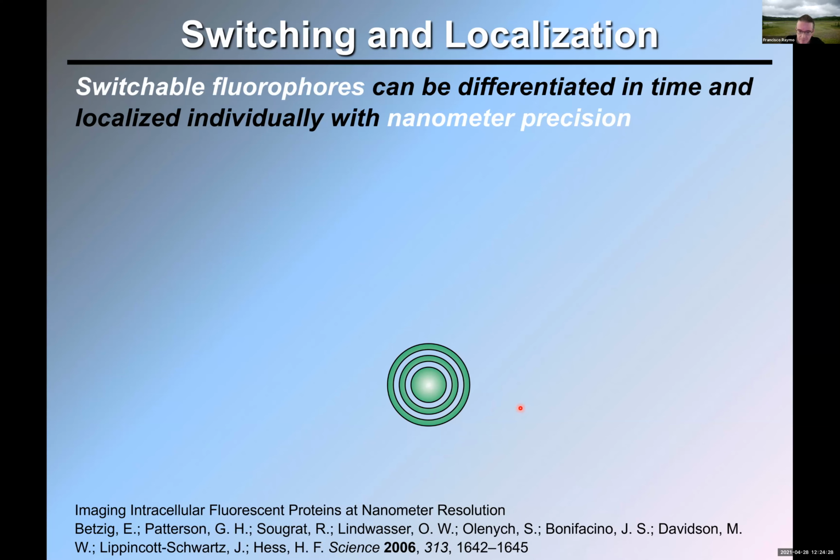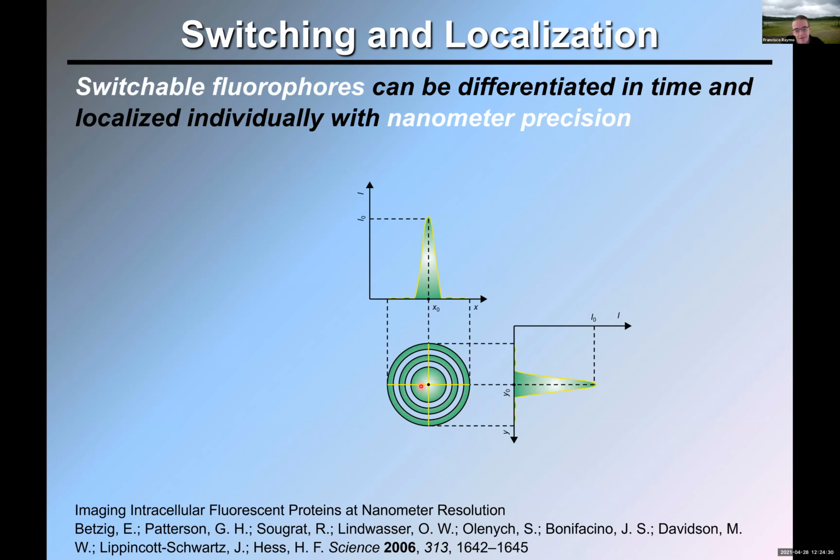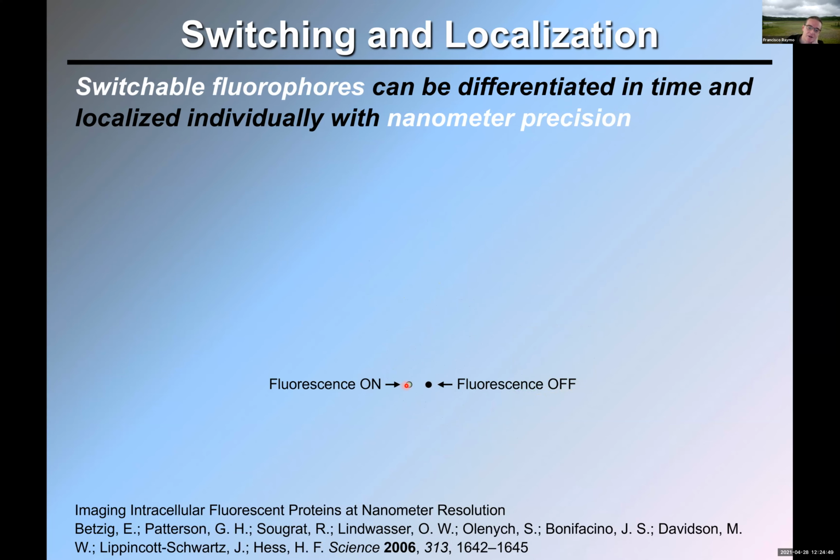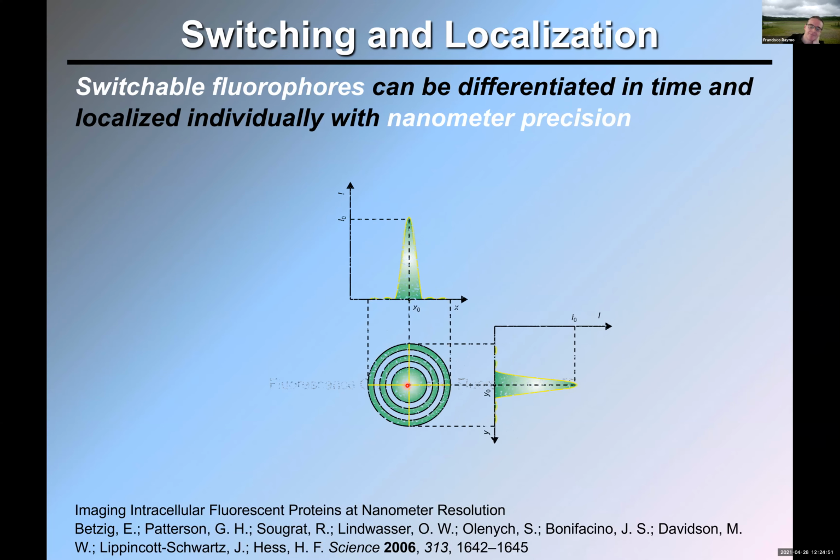And by playing some mathematical tricks, one can find the coordinates, so X and Y, of the center of the pattern. Now, those coordinates are going to be the coordinates of the position of the fluorophore. And then after having localized that particular fluorophore, one can switch it off and turn the other one on and repeat the process and find the coordinates of the second one.